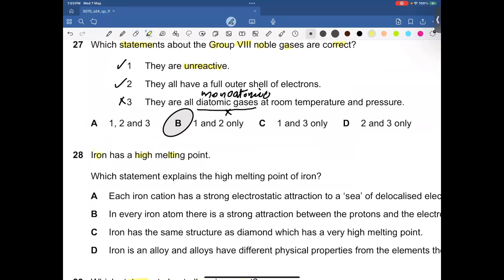Next, iron has a high melting point. All transition elements have a high melting point. Which statement explains the high melting point?